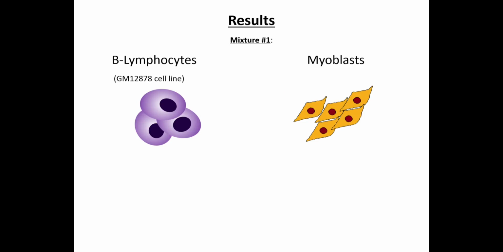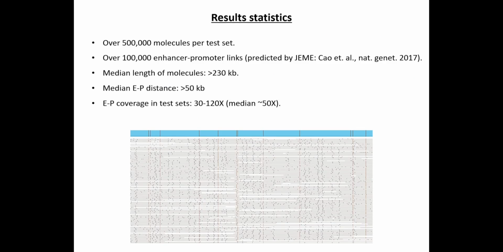Two types of mixtures were evaluated and deconvolved. The first mixture was composed of two different cell types, B lymphocytes and myoblast cells. Over 500,000 single molecules comprised each test set. These molecules covered over 100,000 enhancer promoter pairs that were linked by the GEM method.